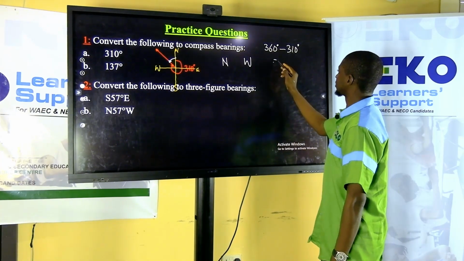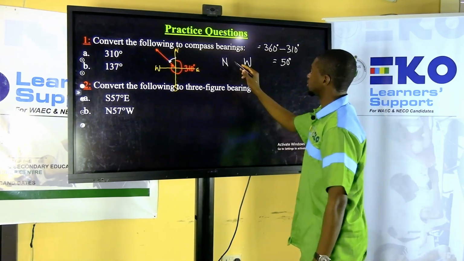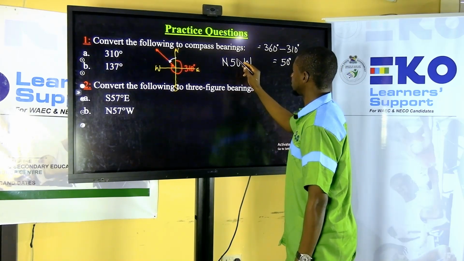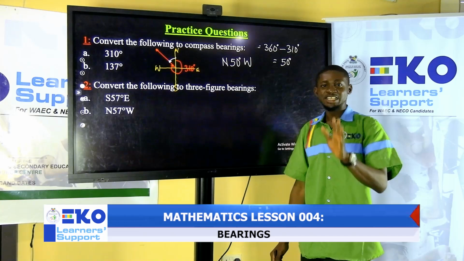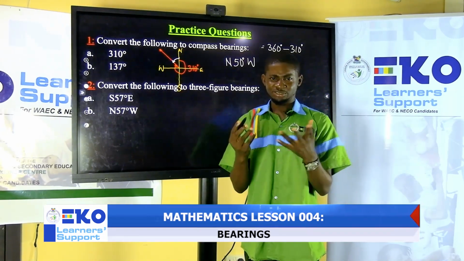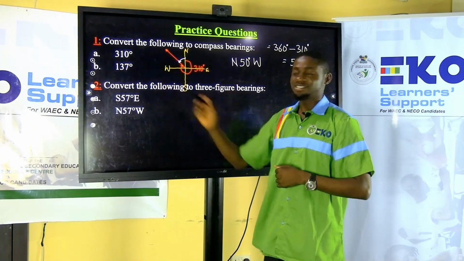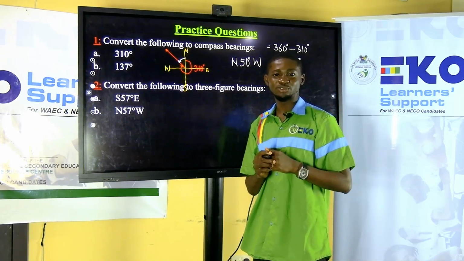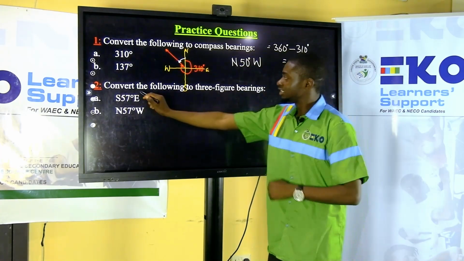So that gives us what? 50 degrees, right? So that means north 50 degrees west. North 50 degrees west is the same thing as 310 degrees. The knowledge of this, oh, great. So if you are right with this, I can be assured of your working, that this second one will not be a problem. So I leave you with that.